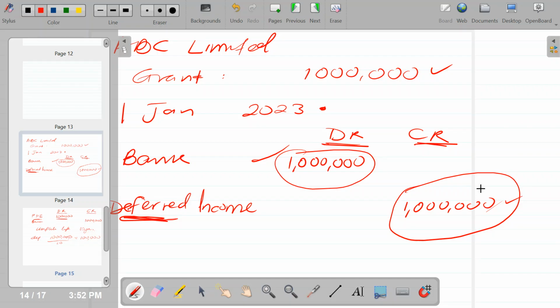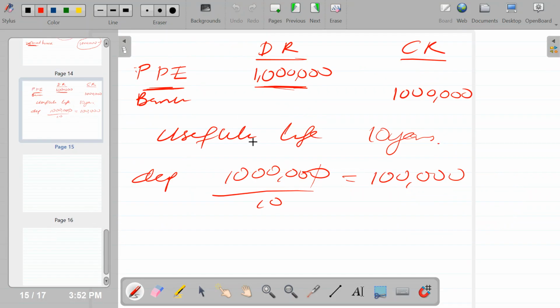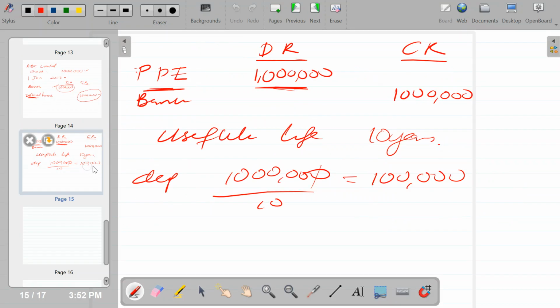But what happens is we don't clear the money at once. What we do is we amortize the money based on the useful life of the asset that the money was used for. So every year we will amortize the deferred income.